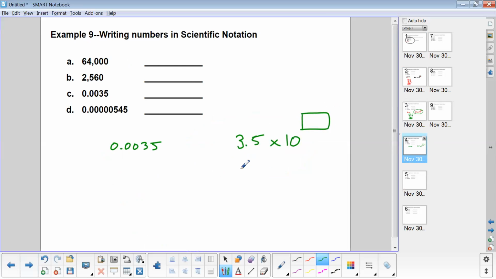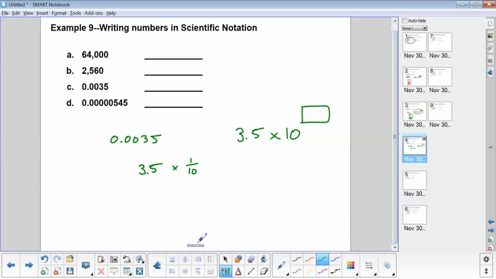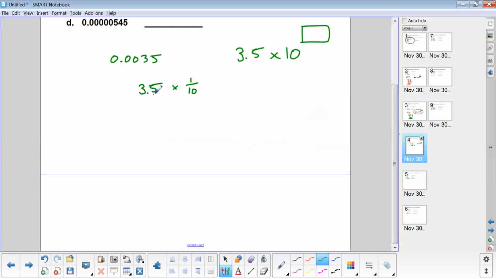Now, if I'm here, I need to get to a number that's smaller. So what I'm going to do is not multiply by 10. I'm going to divide by 10, which is the same as multiplying by 1/10. So 3.5 times 1/10, which is the same as dividing by 10, I'm at 0.35.